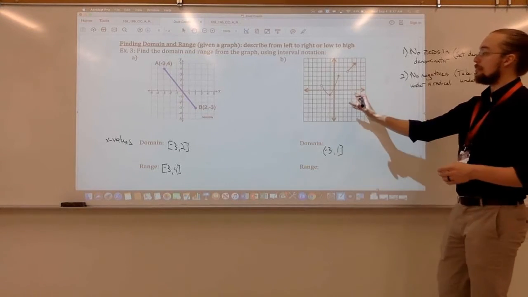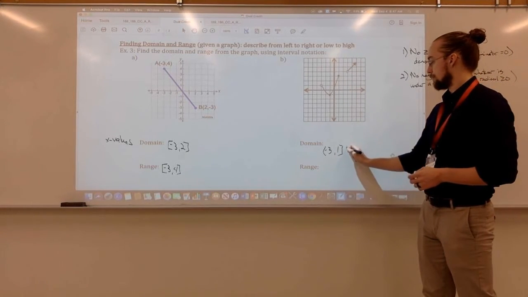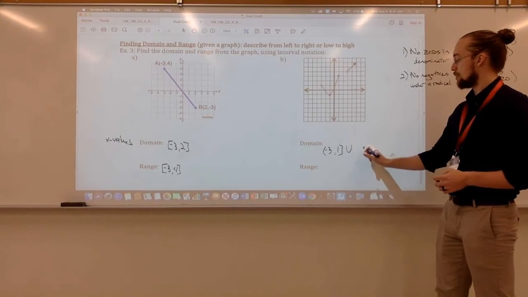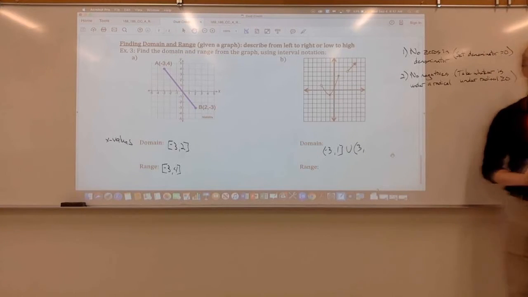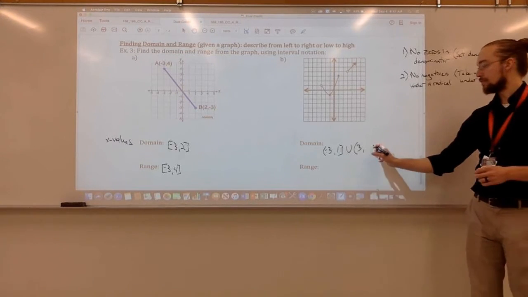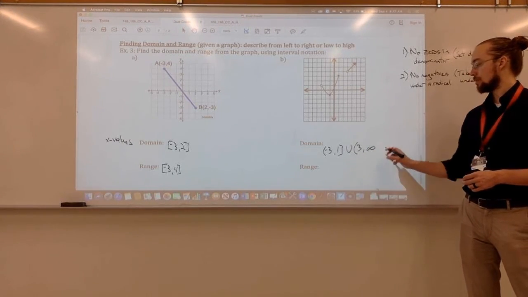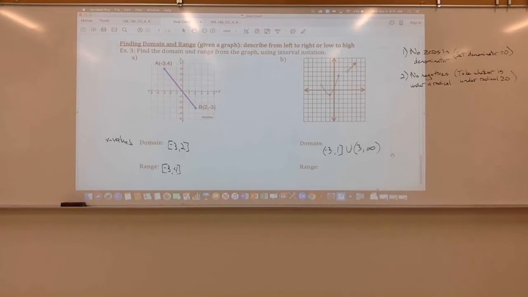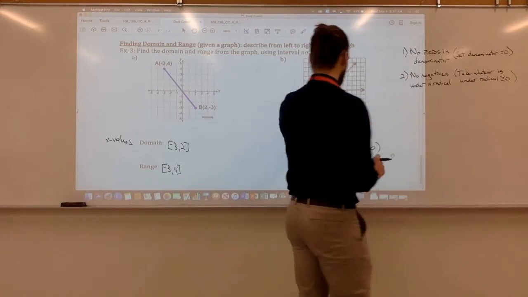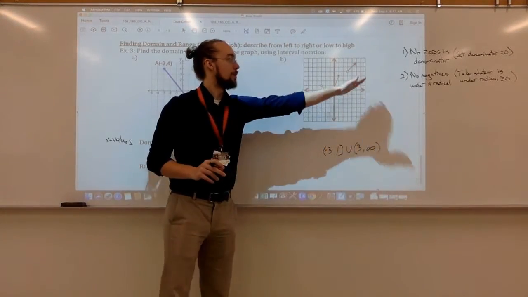I pick back up at 3. So I'll union this. Is 3 included? Nope. And then where do I end? Positive infinity. Is infinity included? No, you can't include infinity. It's not a number, it's an idea.